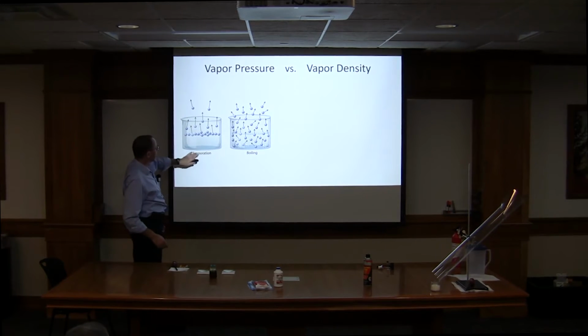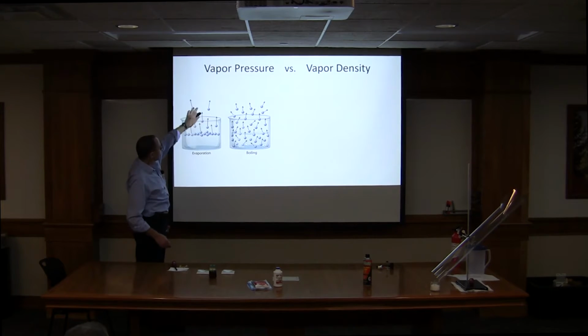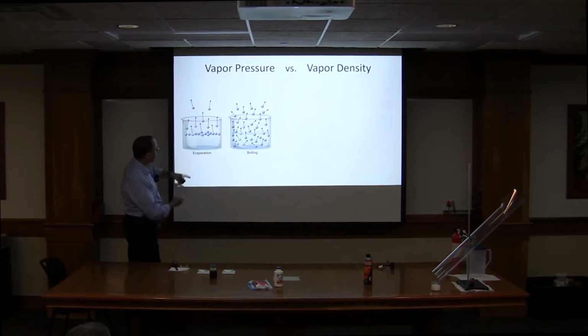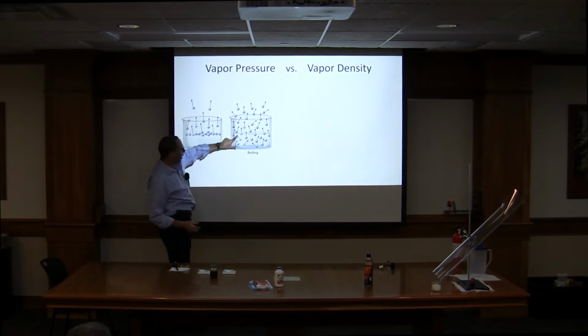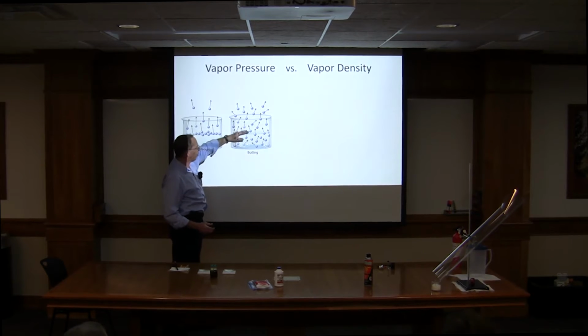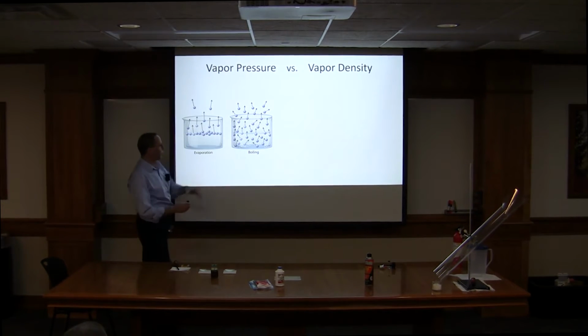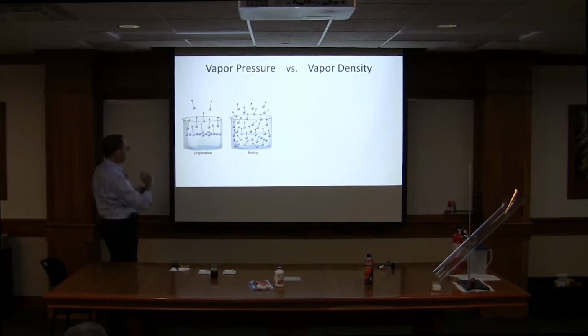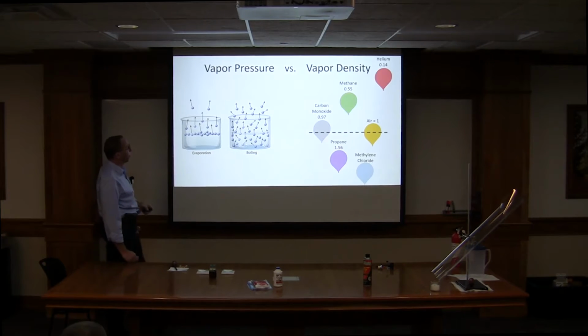And we'll talk more about that here in a minute. But you notice all those gases escaping are all above the liquid level. When they happen below it, when you heat it up, there's enough energy in them that they create a gas down below the liquid level, and that's when you get boiling. That's the difference between boiling versus evaporation. So we'll talk more about vapor pressure here in a minute.